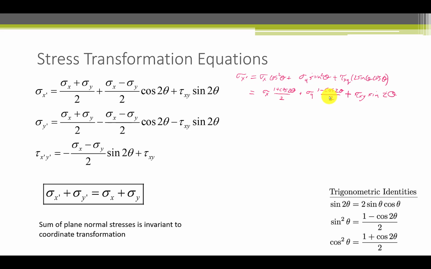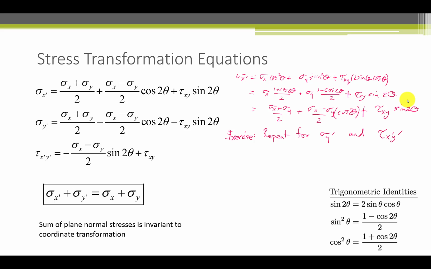For sine squared theta, we can do the same thing. And finally, for 2 sine theta cosine theta, we can substitute sine of 2 theta. If we do that, we can pull out the sigma x plus sigma y over 2 right here. And because both terms have cosine 2 theta, we can pull that out and take the sigma x minus sigma y over 2 part of it and multiply it, and then this stays the same.